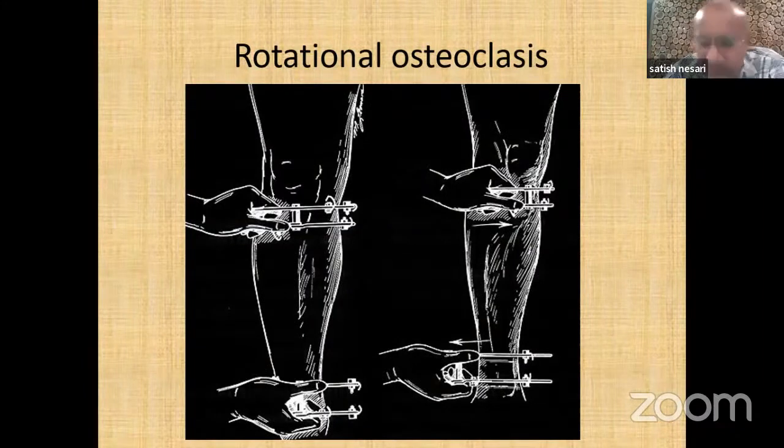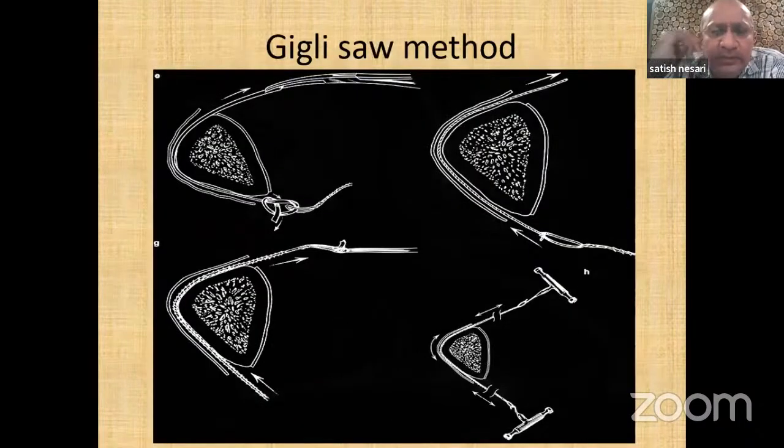In the Gigli saw method, we use a Gigli saw, which we usually use for amputation. Here an anterior incision is made over the shin, and another incision on the posteromedial aspect of the tibia.